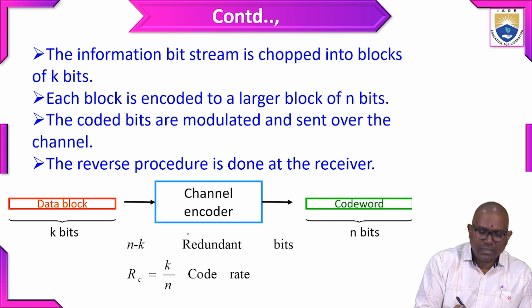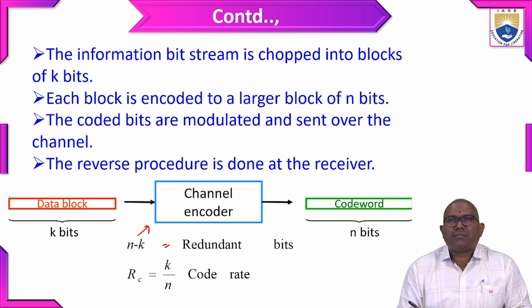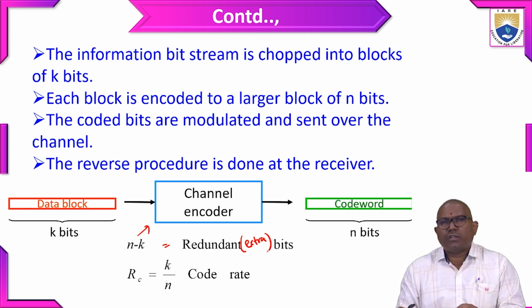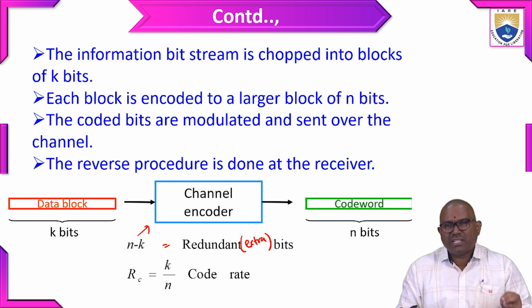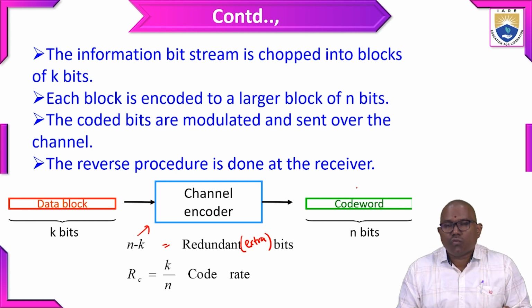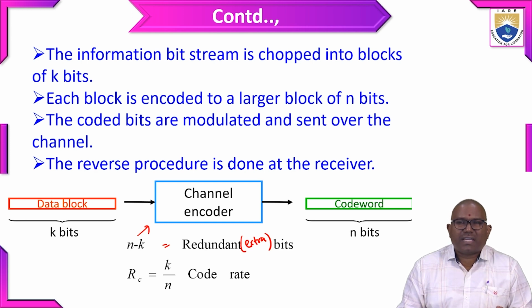Here I am going to add n minus k redundant bits, which are nothing but extra bits, to the k bits and finally produce the n-bit code word. So the code word size is n and the code rate is equal to k by n.